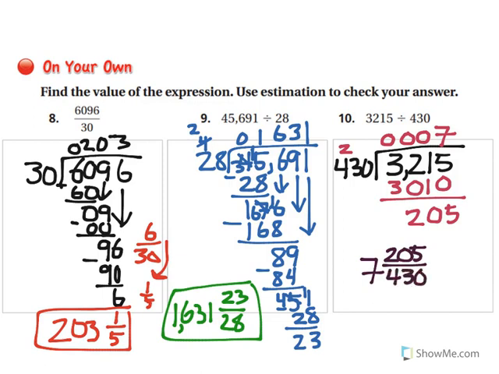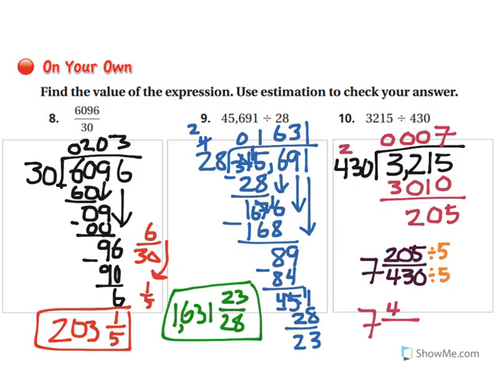However, I'm not done yet. I can divide both of these by 5. And so 5 goes into 20, and I'm going to write this as 7. 5 goes into 20 4 times.